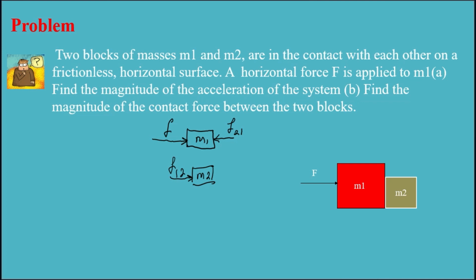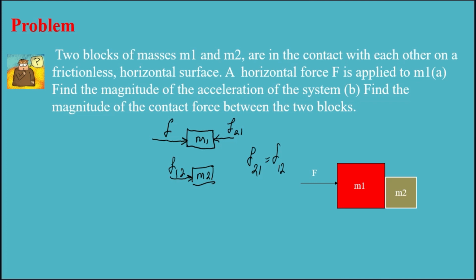If I move m1, m2 also moves, because they are in contact, and the force is F12. And of course F21 equals F12. Think about Newton's third law: these forces are equal but in opposite directions. That's Newton's third law that I explained in the previous video, and I'll put the link below.